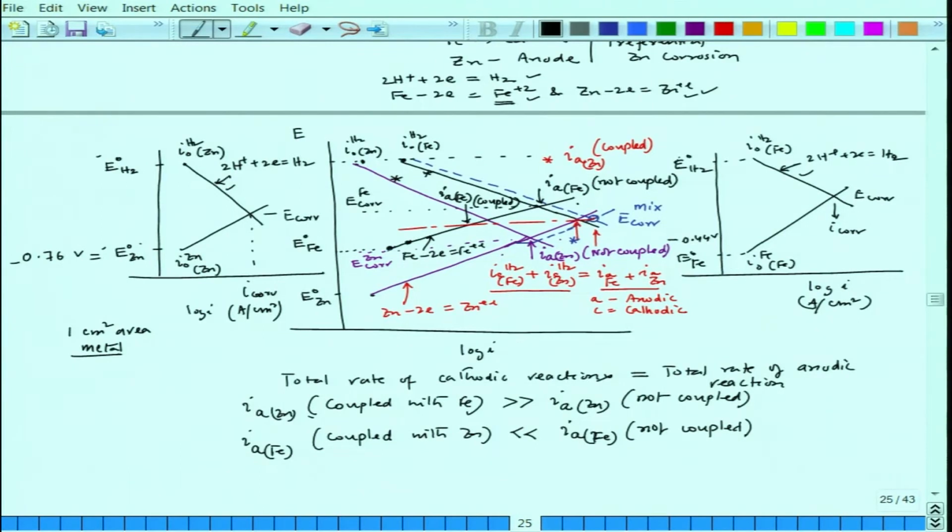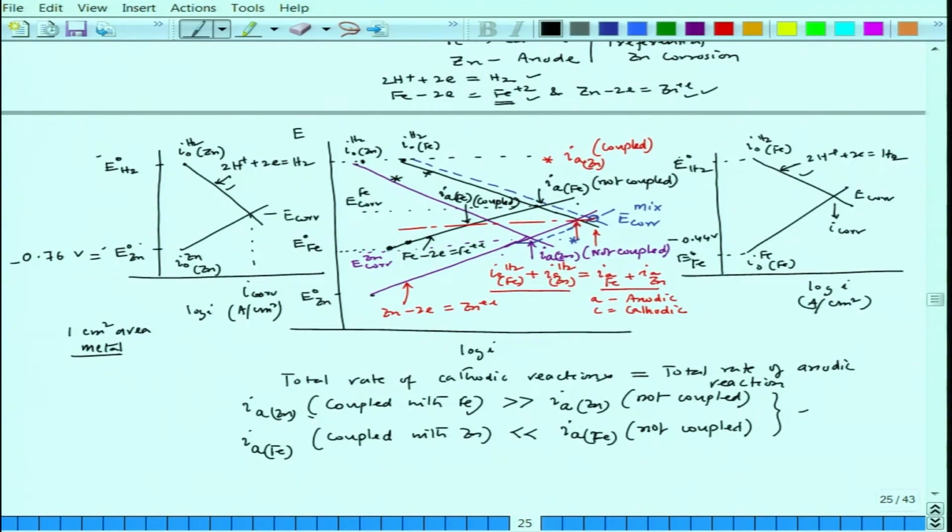And if I compare, that means the first observation we had, that once we join them together, iron corrosion rate would reduce to a drastic level and zinc corrosion rate will increase to a drastic level, and interestingly, exactly it happens like that.